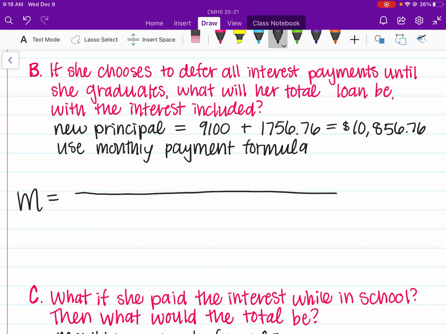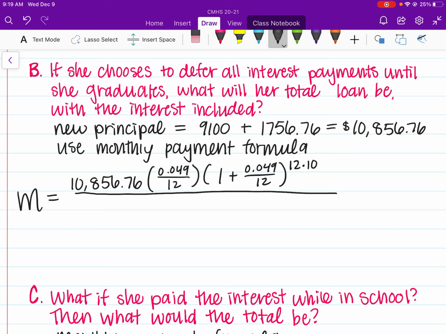So the monthly payment formula, you can find it in the notes from a couple weeks ago, but there's also a picture of the big sticky in my room on Schoology. Basically, we go ahead and plug everything in, so it is the P, 10,856.76 times R over 12, 0.049 from the previous problem over 12, times 1 plus R over 12, 0.049 over 12, to the 12 times T power.